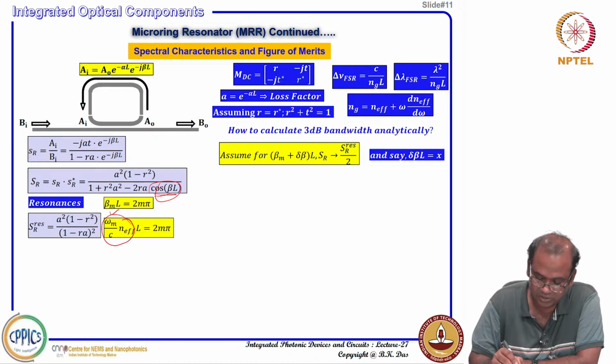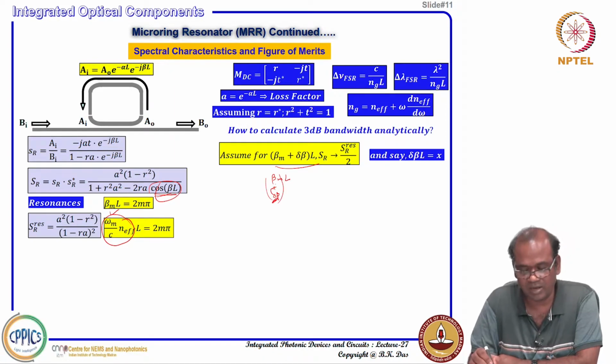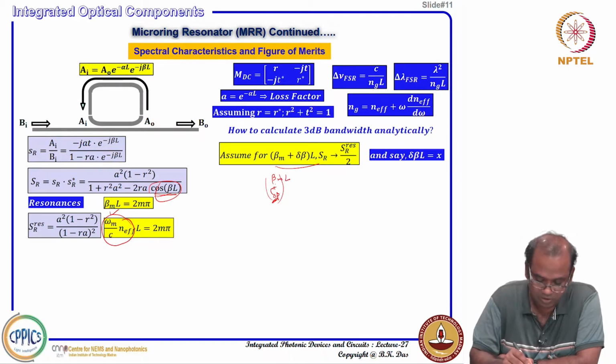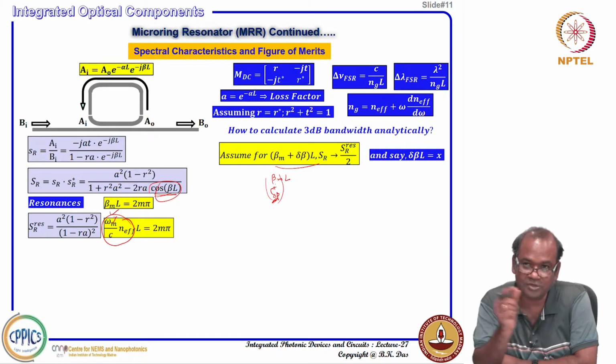Now, if beta L is slightly higher, then instead of beta m L, you are just adding an additional delta beta to beta m, multiplied by L. How can you include this delta beta? You tune your frequency a bit from the resonance wavelength.